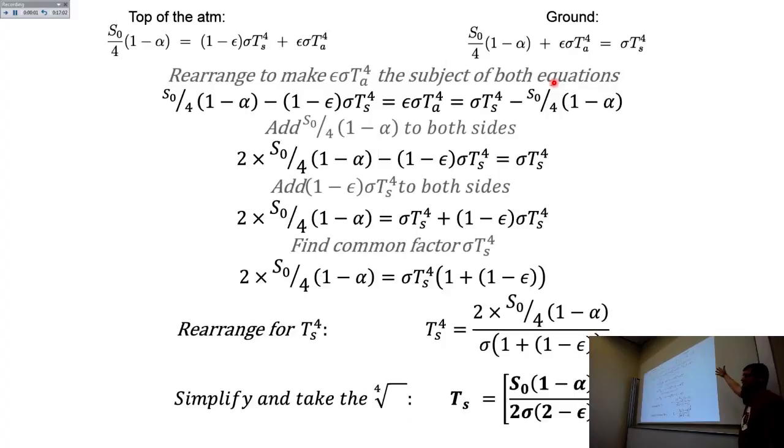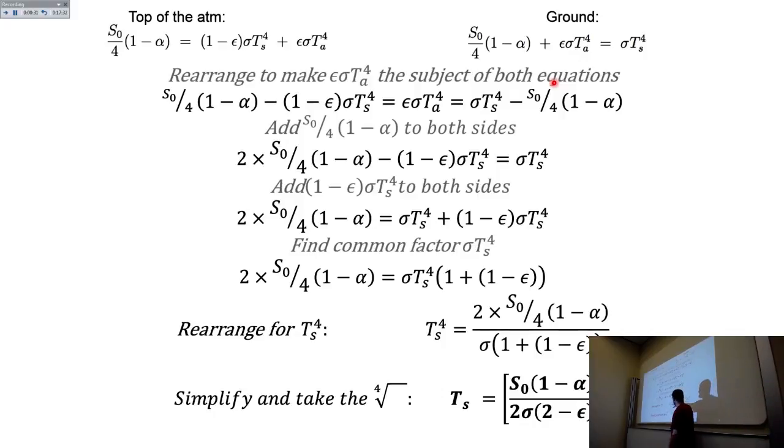And this is the maths that you can go through to take those two simultaneous equations and solve them. So the first thing you do is rearrange each of the equations to make eta Boltzmann constant times the temperature of the atmosphere to the power 4 the subject. So that means you can then combine those two equations into one equation, and then you start to rearrange that, and how to rearrange that is on there. You've got it in your notes.